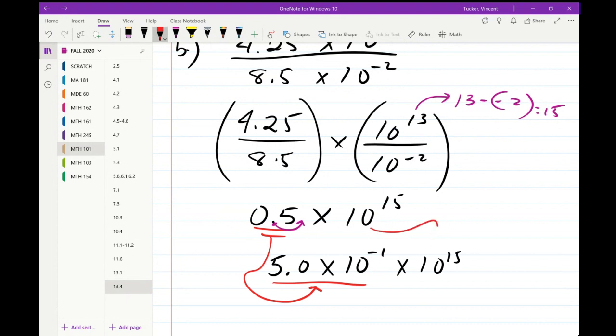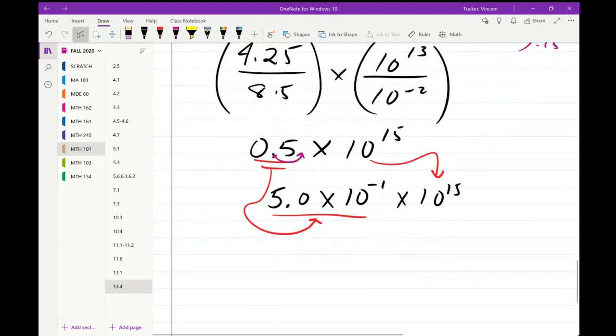And that 10 to the 15th is still right there. And now we can add our exponents. Negative 1 plus 15 is 14.